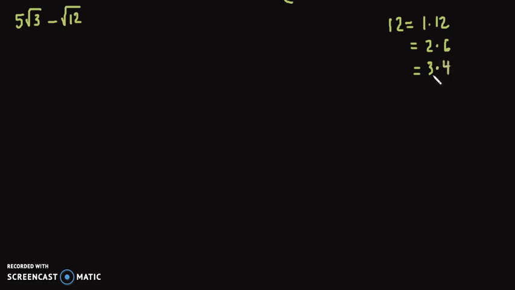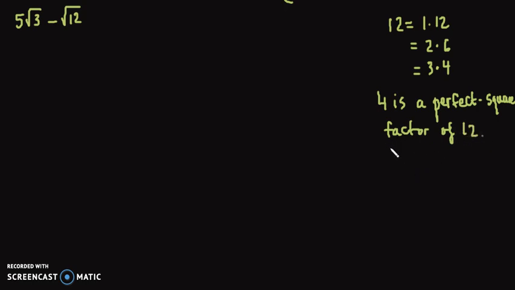Okay, so 4 is a perfect square factor of 12. What does it mean? It means that square root of 4 is 2. Okay, so in this case you would rewrite square root of 12 as square root of 3 times 4.